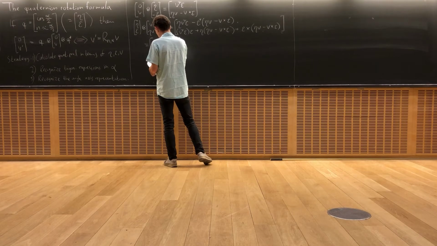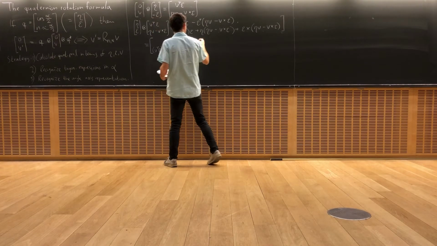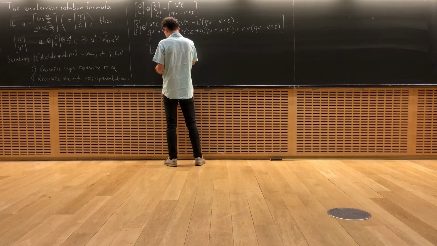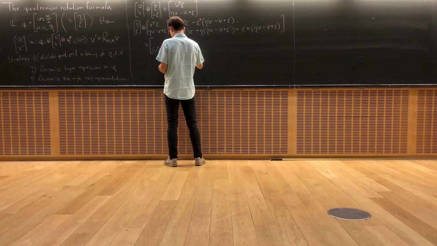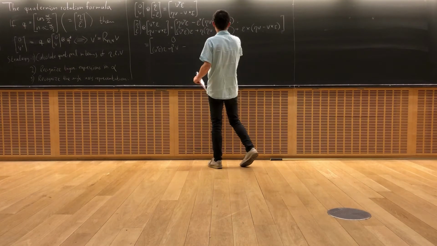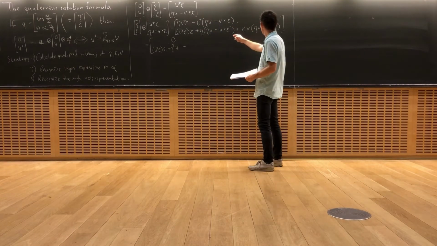So for the vector part, the first term we can't do very much with. Then I have some eta times eta, okay? I can write that as eta squared. And then I have an eta times v cross epsilon.